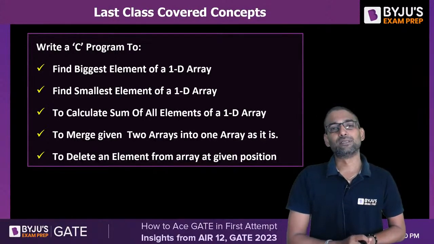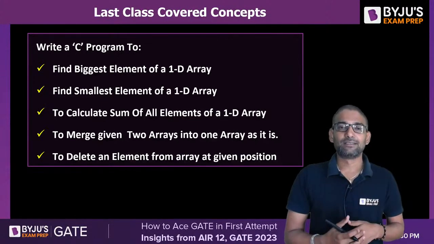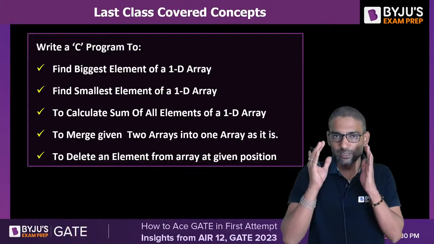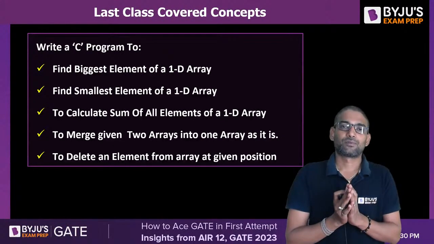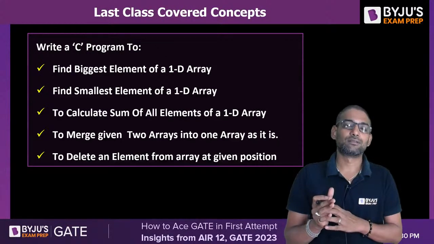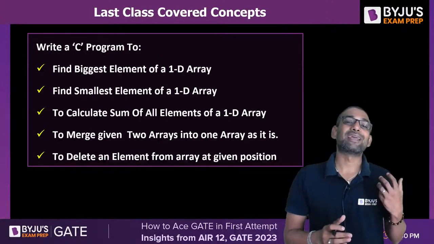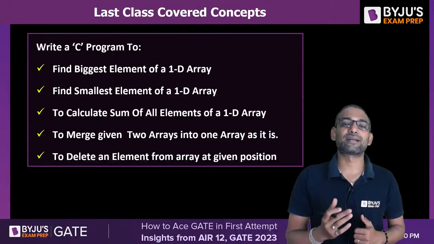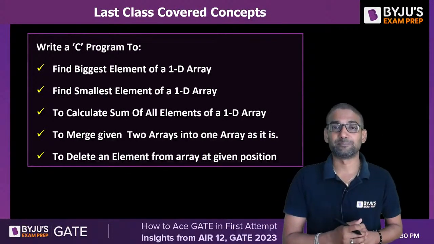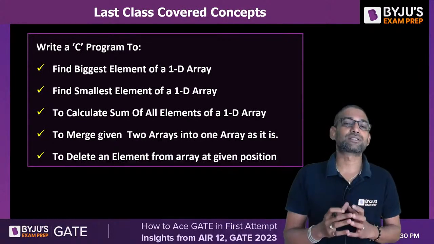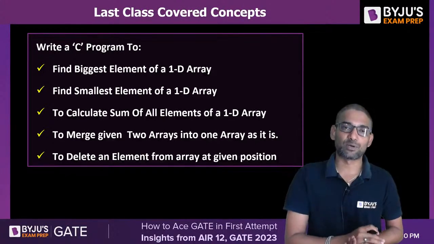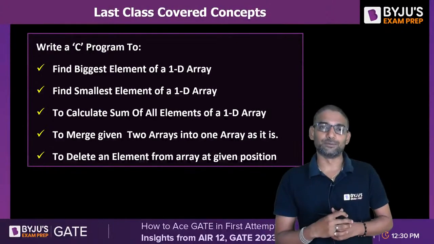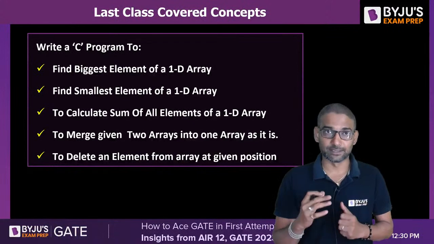I hope everybody learned the logic. I told you, don't mug up the code, guys. Try to understand the logic. Once you understand the logic, you can write the code using any language, not only C, because language to language syntax differ, but logic remains same. So try to understand how we are solving these problems, and accordingly, how it turned into code. That is the way to learn.